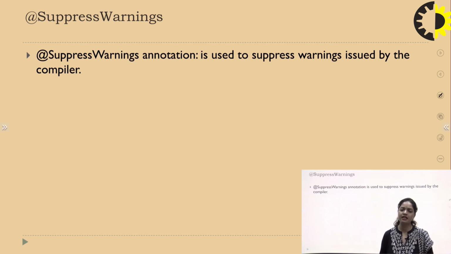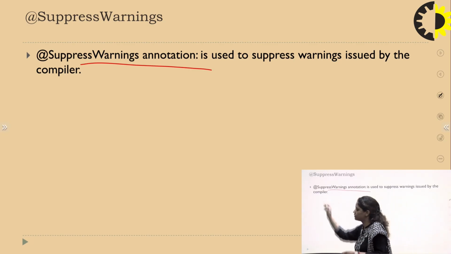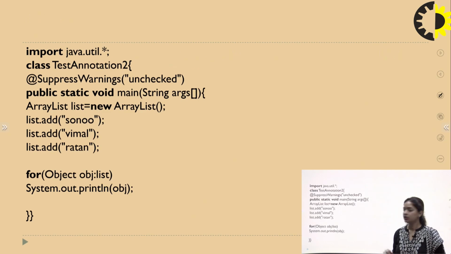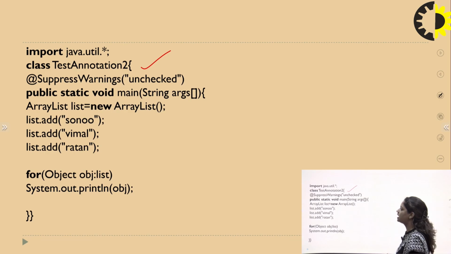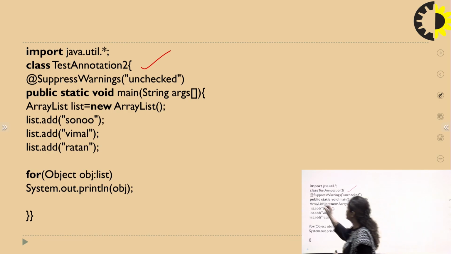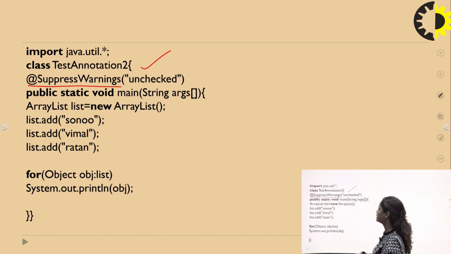If we do not want that warning to be visible to our user, we can use the SuppressWarnings annotation. So let's have an example. In this example, we have created a class TestAnnotation, and we have added the SuppressWarnings annotation with the message unchecked.